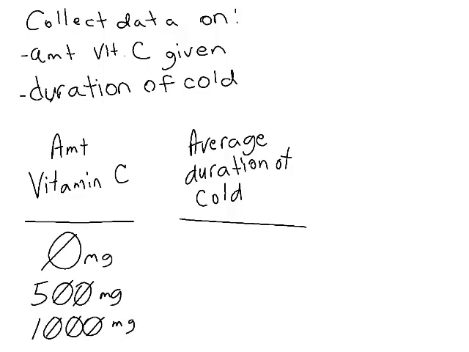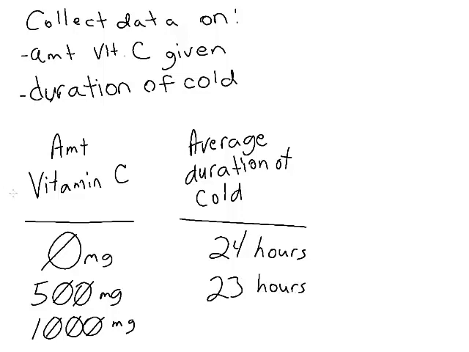Anyway, let's just say that the duration of a cold for people not given vitamin C was 24 hours. And the duration of the cold for people given 500 milligrams of vitamin C was 23 hours.